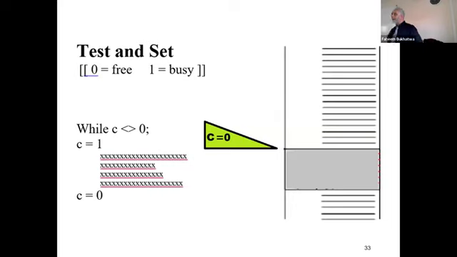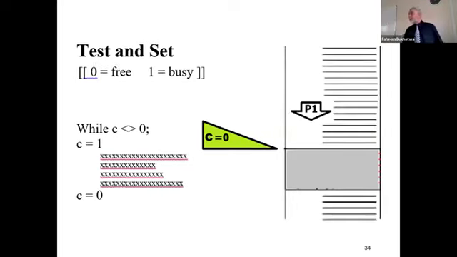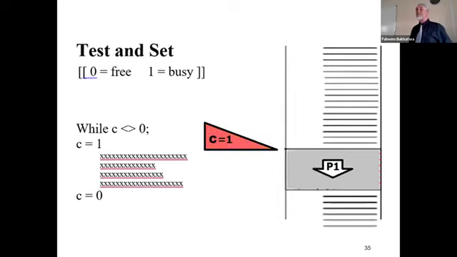We start with the initial flag indicating that the critical section is free. Now a process comes in. It checks the flag. This is the test and set. Test it. Is it 0? Yes. Turn it to 1 and go in. So that's what the second line, C equals 1, means: set it to 1. It's so simple. If you forget how it works, think of the toilet. Is it free? Yes.